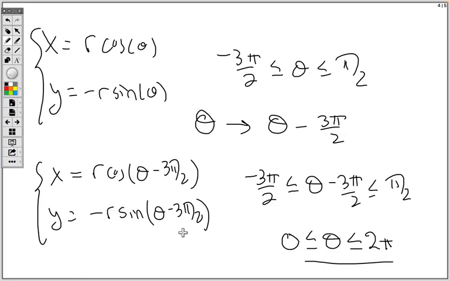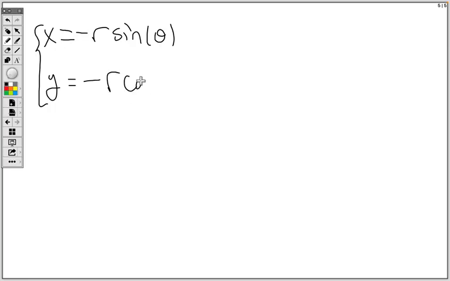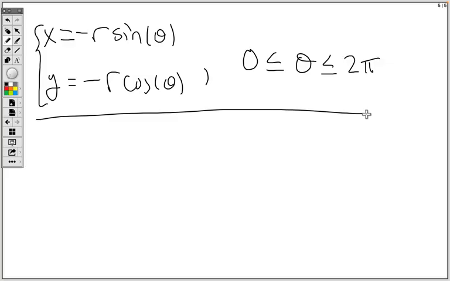I do the same thing for the y. Sine of theta, cosine of 3 pi over 2 would drop out. We'd have cosine of theta, sine of 3 pi over 2, which would be negative 1, but we have a negative from the subtraction and another negative from the negative r. So this would be negative r cosine theta. And once again, theta is between 0 and 2 pi.